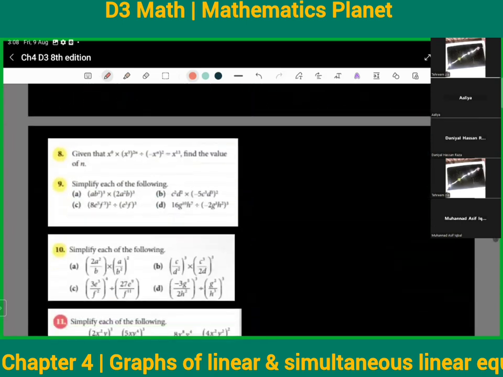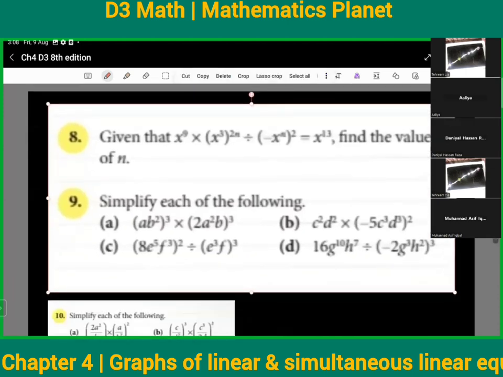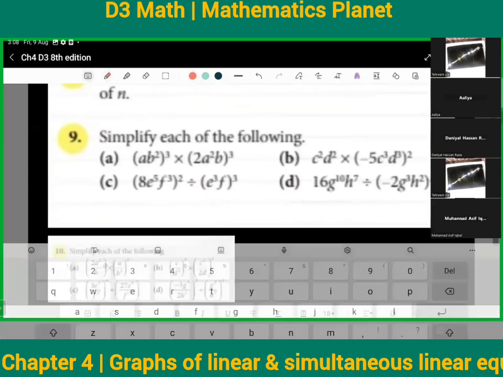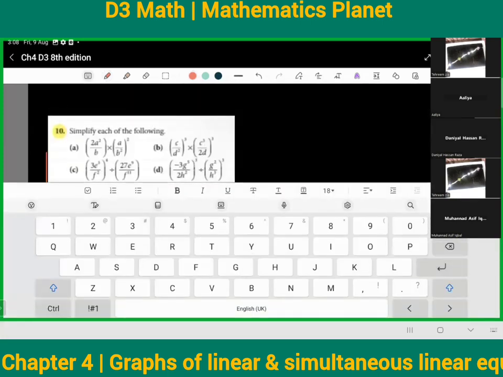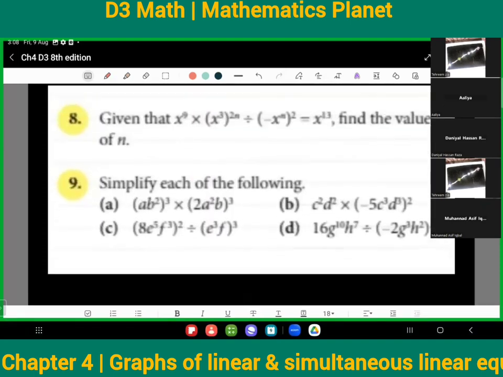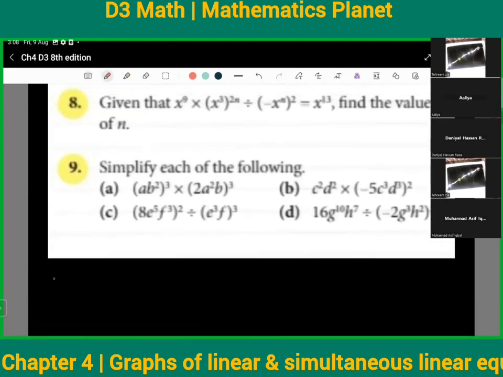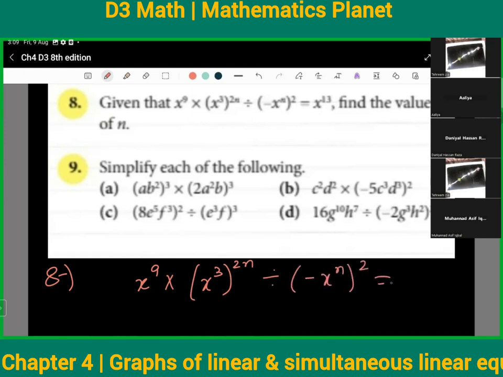Okay, question number 8. Given that x to the power 9 times x to the power 6n divided by minus x to the power n squared is equal to x to the power 13, you need to find the value of n.